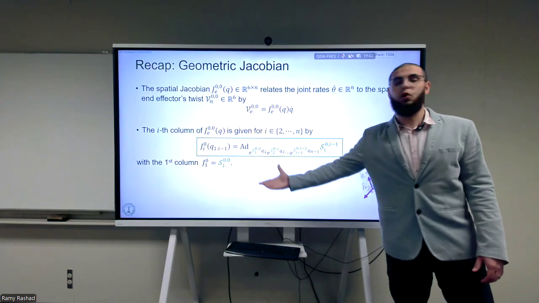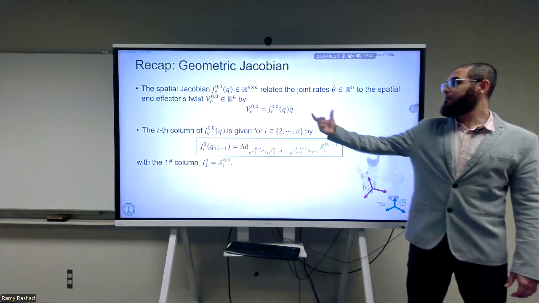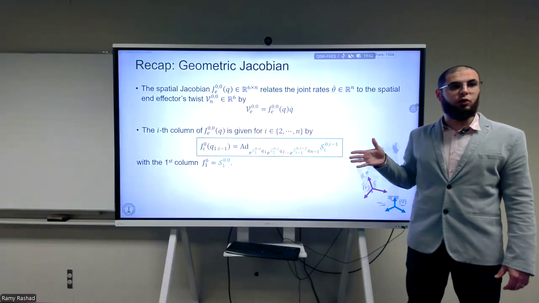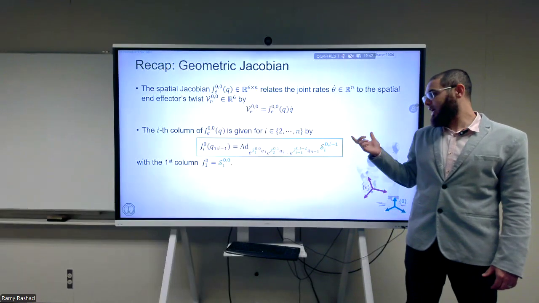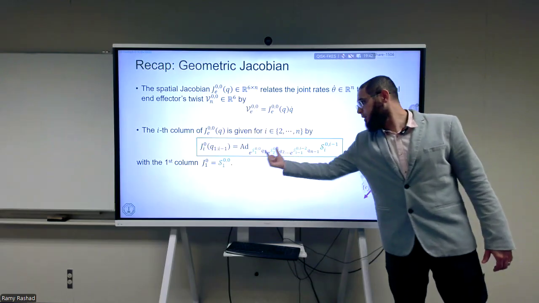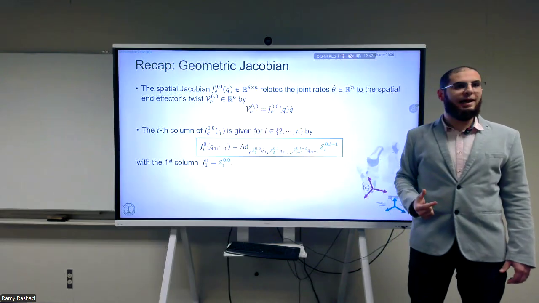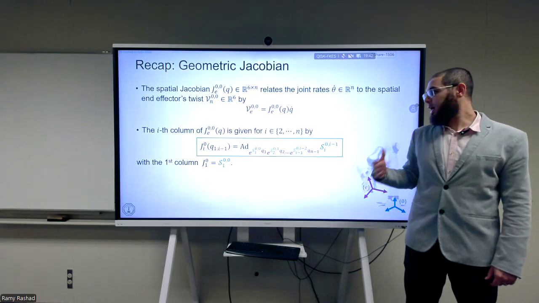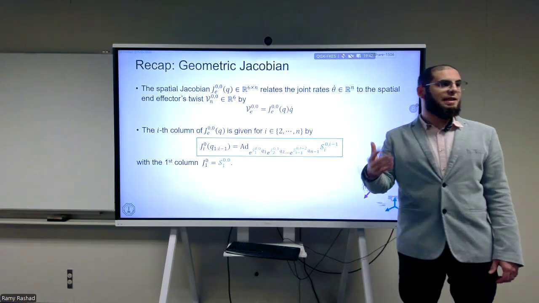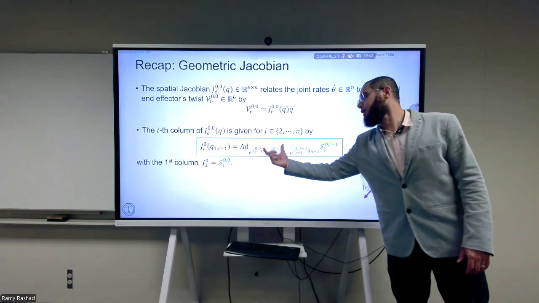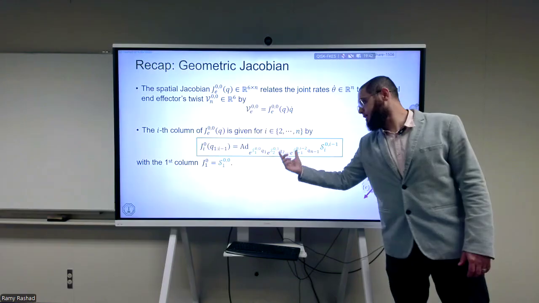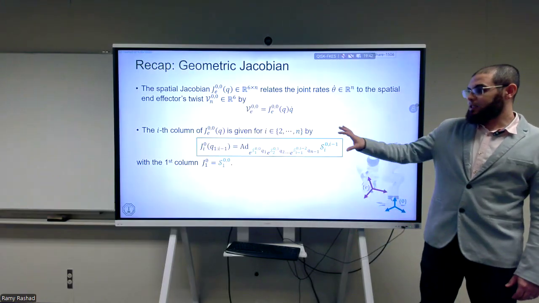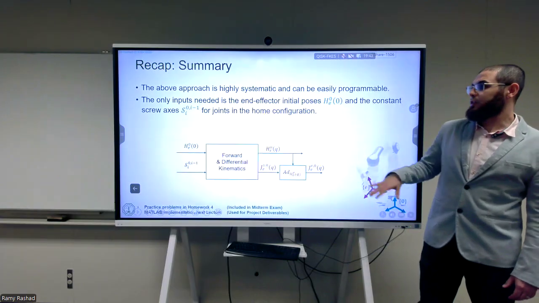If you look at the ith column of this geometric Jacobian, you'll find in the end it has nothing else than simply the constant screw axis that we already defined and used in the forward kinematics, just plugged in this equation that has the exponentials of the first joint, the second joint, and so on up till the ith joint. So this was the equation for the geometric Jacobian.